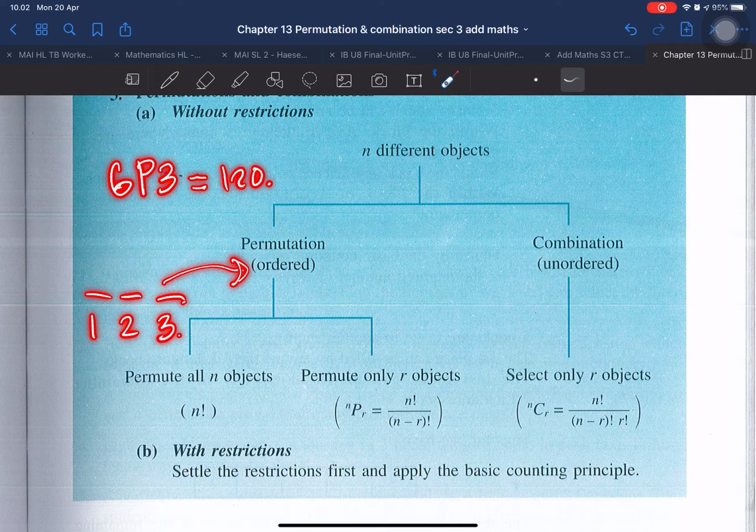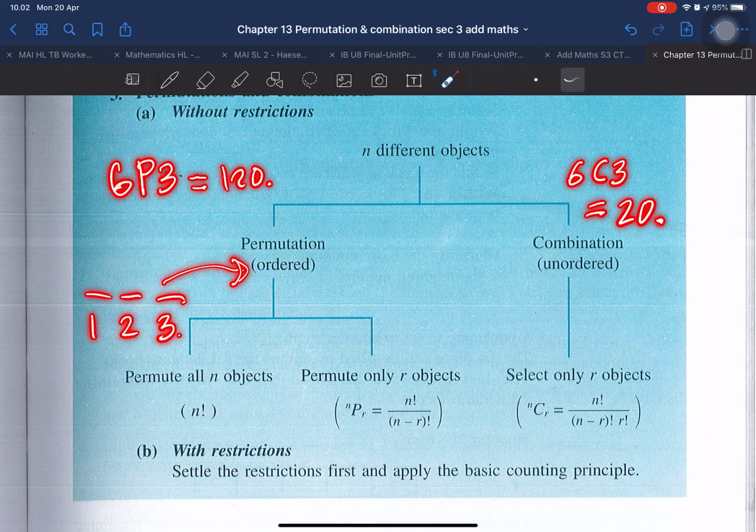Okay, now what's the difference between permutation and combination? Let's see. We want to choose 3 different items from 6 items. The answer is 20. Why? Combination is fewer than permutation. How come?